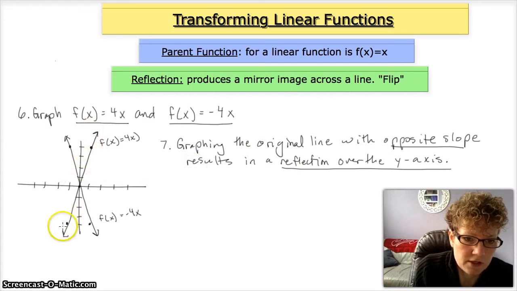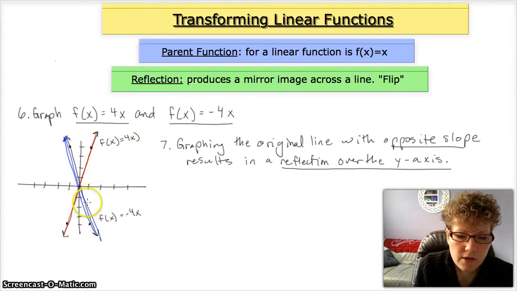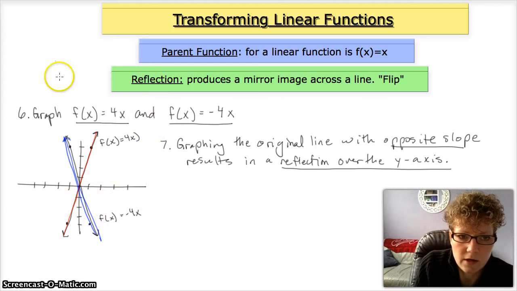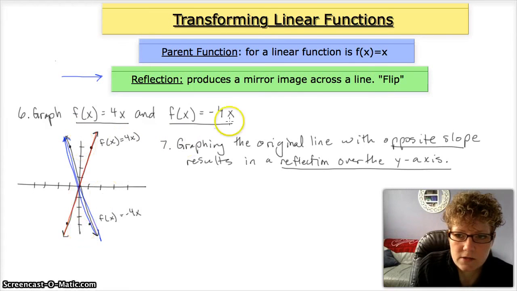If you look at this first one, then you look at the second one, you'll see that they are mirror images of one another. Okay, so that is a reflection. Let me make note of this right here. Reflection produces a mirror image across a line. In this case, it was the y-axis, and I suppose you could call it a flip.